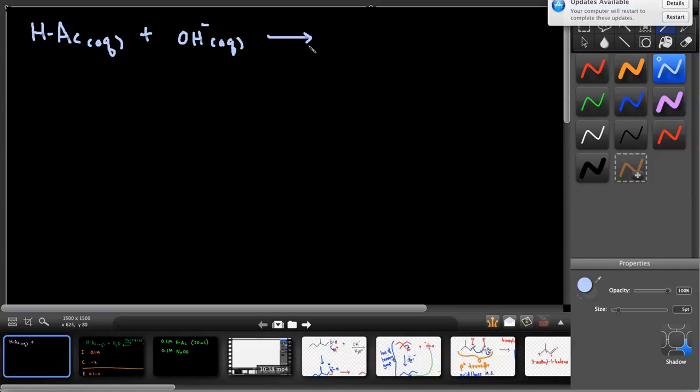This is still going to be governed by an equilibrium constant, but the equilibrium constant is no longer Ka. We will produce acetate ion, in fact more specifically sodium acetate, the conjugate salt of acetic acid, and water.